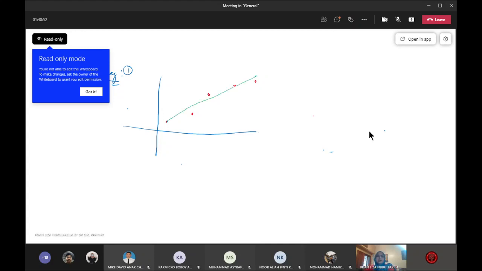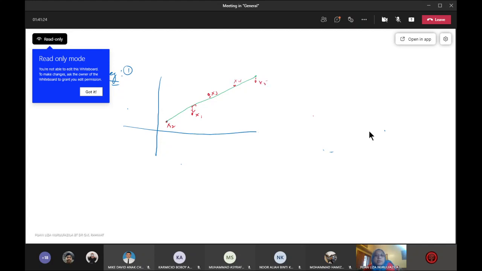Okay, so this is, let's say for example. So you see, you have a difference here. Here also you have a difference. And over here also you have a difference. Here also a little bit. So this is the exact point. So let's say this is x1, x2, x3, x4, x5.